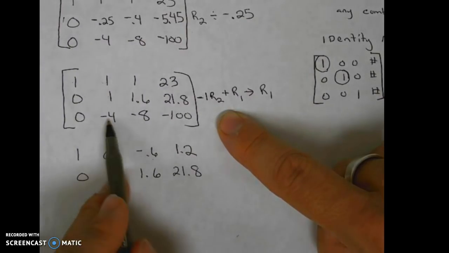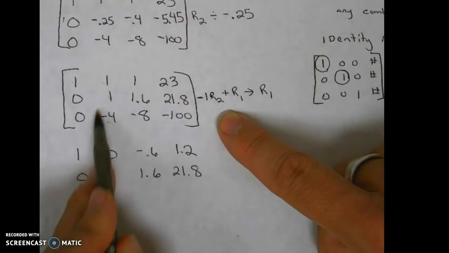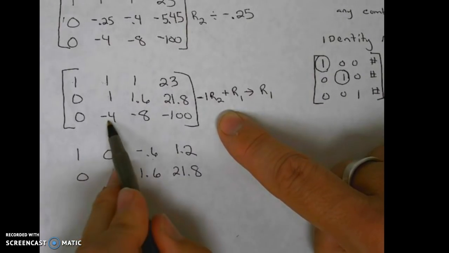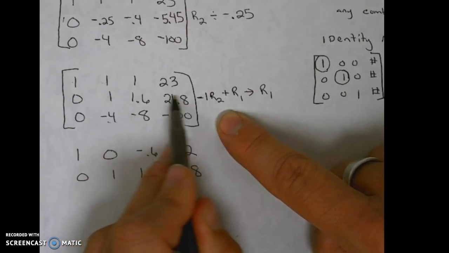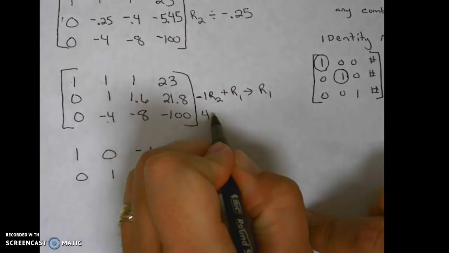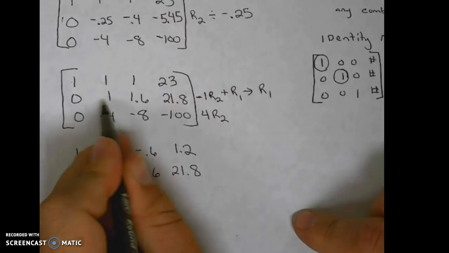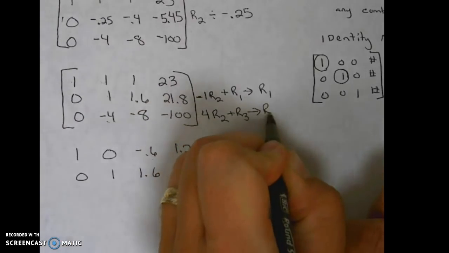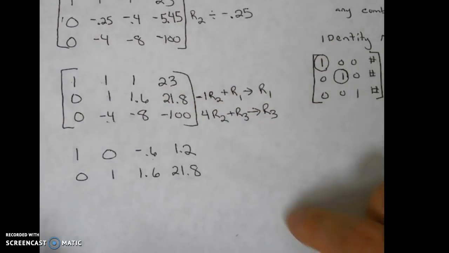Okay, now we need to get a 0 in the spot below. So now, we look at negative 4 and we think, well, what would we add to negative 4 to make 0? Positive 4. So we would multiply row 2 by positive 4. So 4 times row 2 plus row 3 yields a new row 3. So let's do the math.